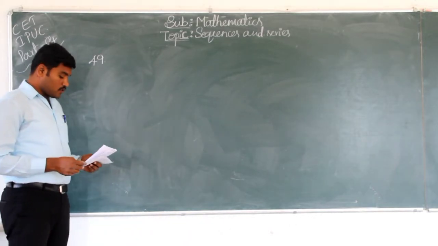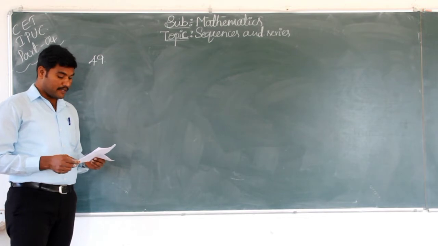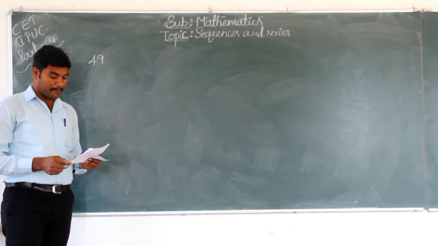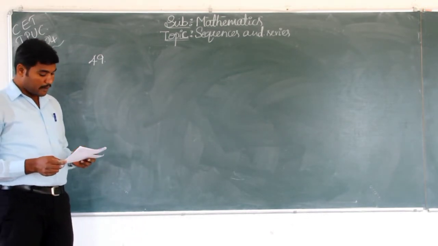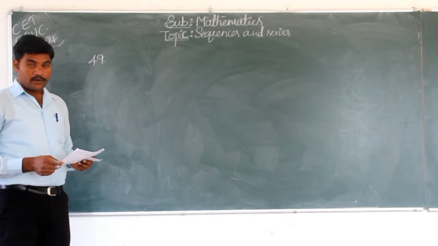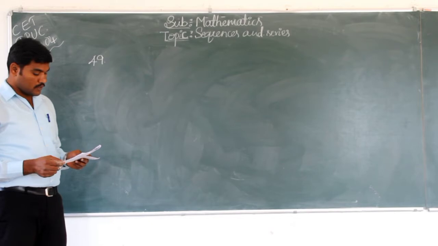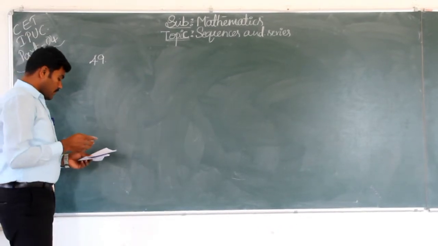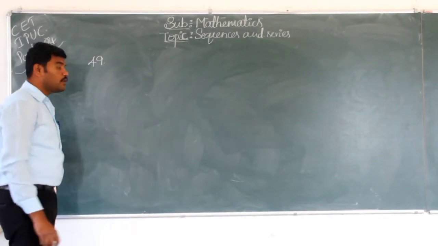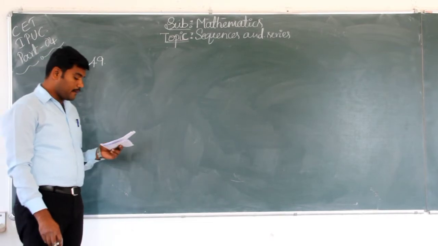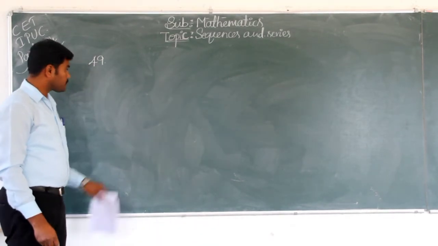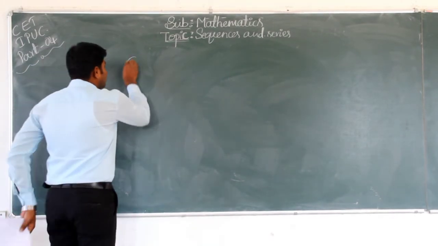A person has two parents, four grandparents and a number of great grandparents and so on. Find the number of his ancestors during 10 generations preceding his birth. Here it is given that a person has two parents, four grandparents and 8 great grandparents.